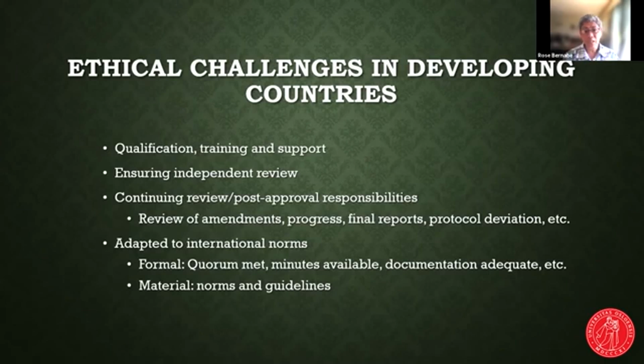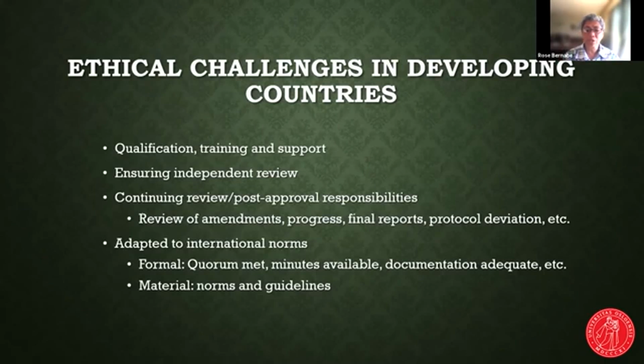That's probably easy. Making sure that the minutes of the evaluation are available, that there's adequate documentation, that they have, shall we say, facilities to keep these documents in a locked and safe place, etc.